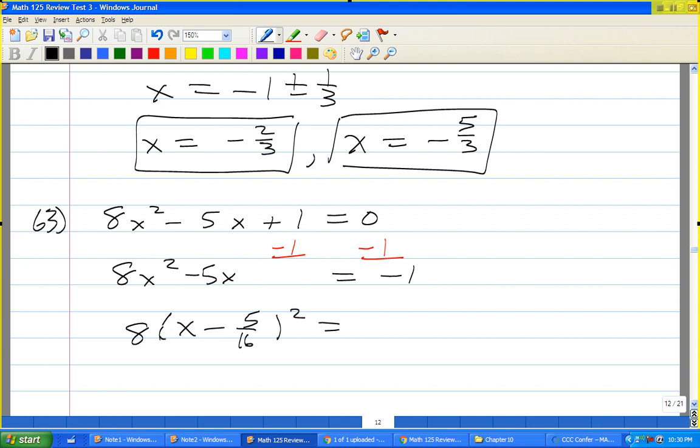Well, 5 squared is 25. 16 squared is 256.